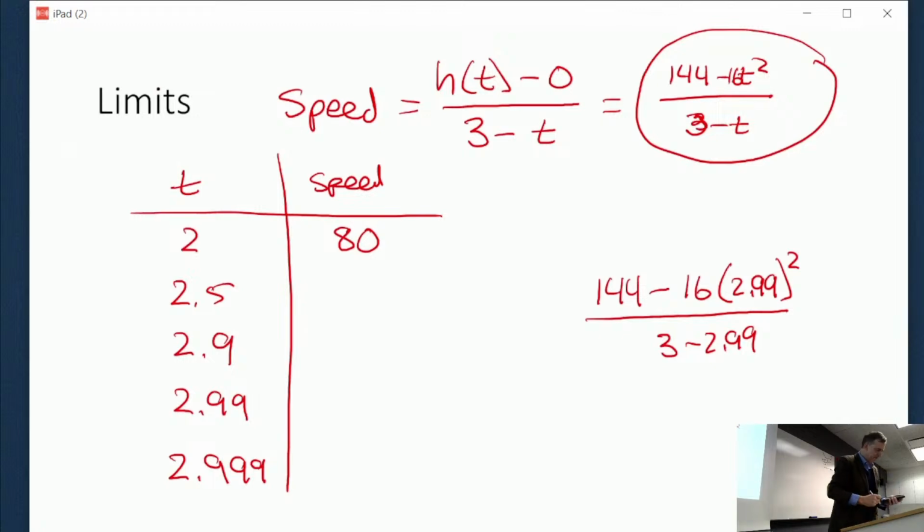And I got 95.84. So does everyone understand what I'm asking you to do? Go ahead and see if you can fill in the rest of this table, and then we'll talk about how this relates to limits. I'll give you a couple of minutes while I get my randomizer app.